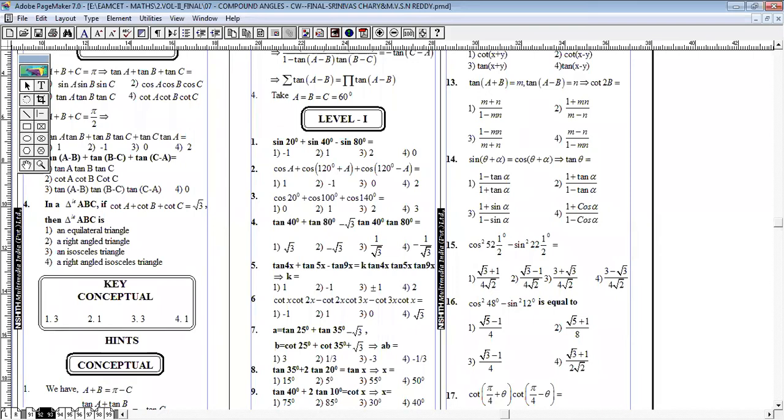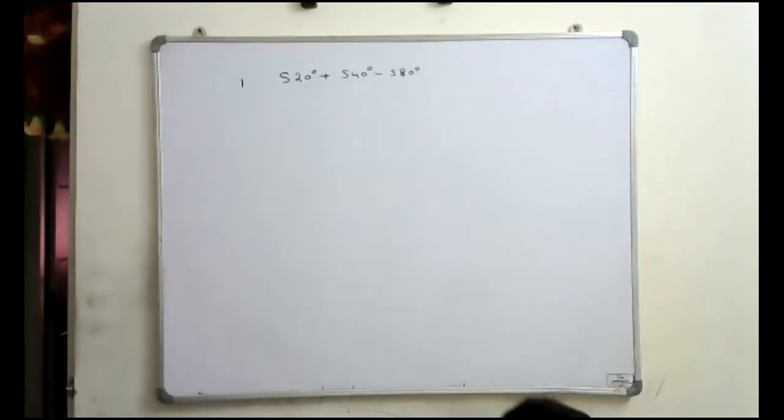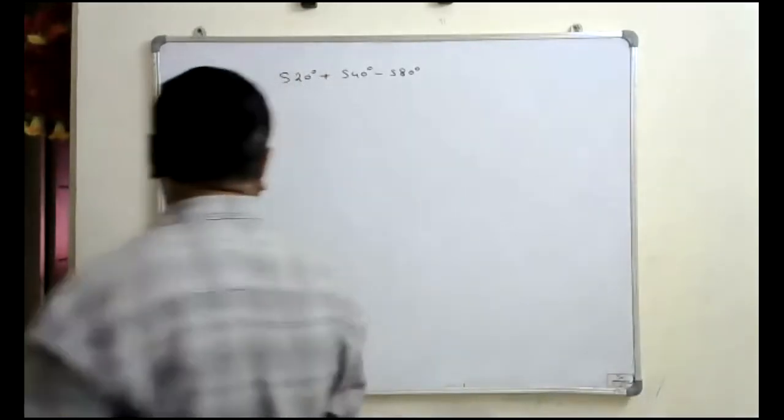Sine 20 degree plus sine 40 degree minus sine 80 degree value is equal to how much? Just observe this. So how do you simplify this?